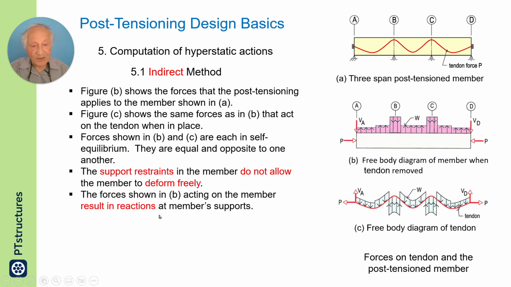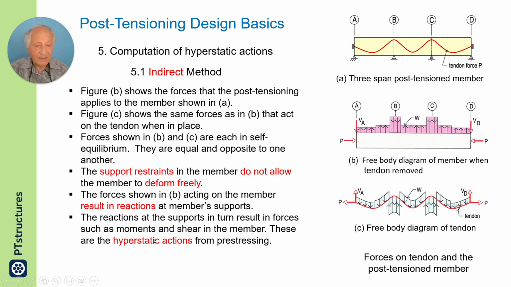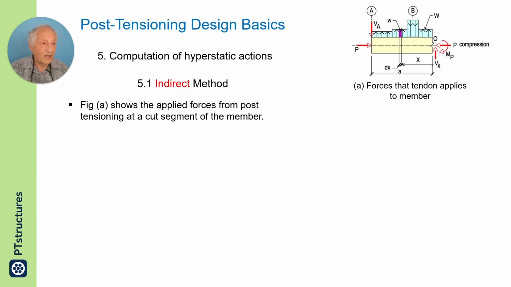And that is what we have been talking about, hyperstatic reaction. They result in reactions. Now, the reactions will cause hyperstatic moments. That is what we have been talking about.